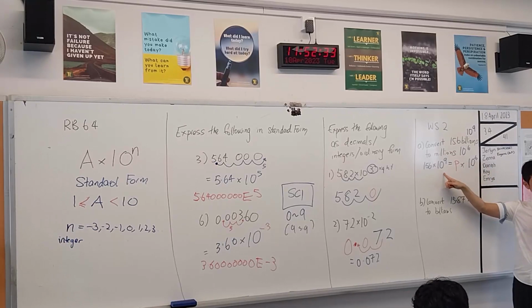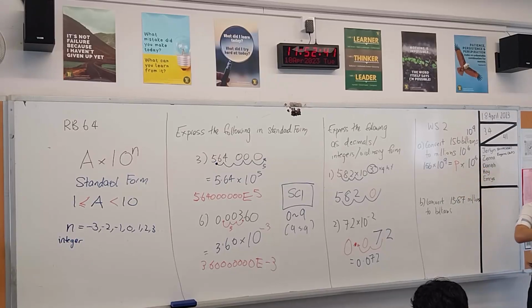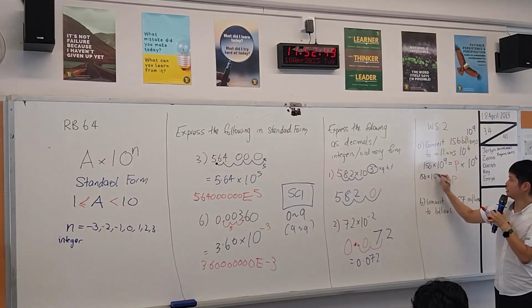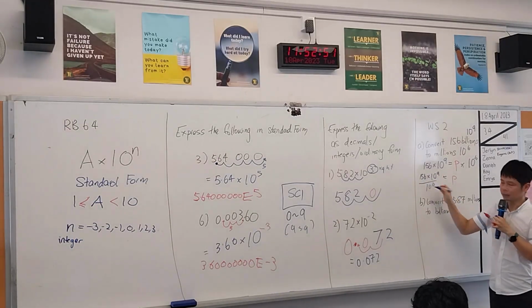The left side, the opposite of times is divide, right? So I use the left side, divide by the right side. It's always like that. Alright, so I take the left side divided by the right side. So P equals the left side divided by the right side.